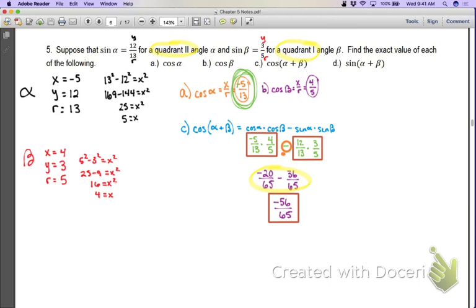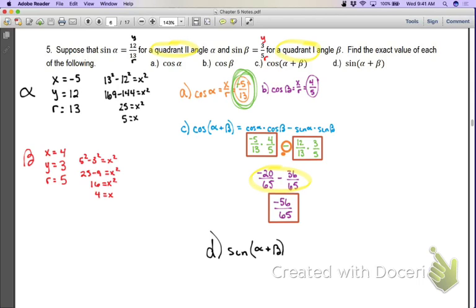Okay? You would do the same thing with sine, but then with sine, like on part D, you would flip them. If we would just set it up, you would use the same values. But on D, where it is sine of alpha plus beta, it's going to go sine, cosine, cosine, sine, but you're going to flip your angles.